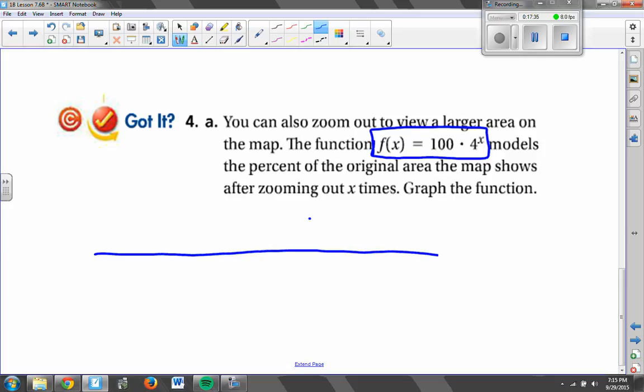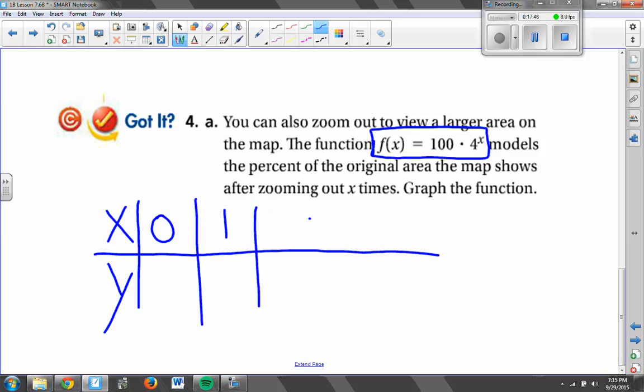So one more time, you're going to create a table with x values, y values, starting at 0 because we cannot zoom out any negative times either. So 0, 1, 2, 3, that should be good enough. Then create a graph. Once you've mastered that problem, you are all set for your practice problem set tomorrow.